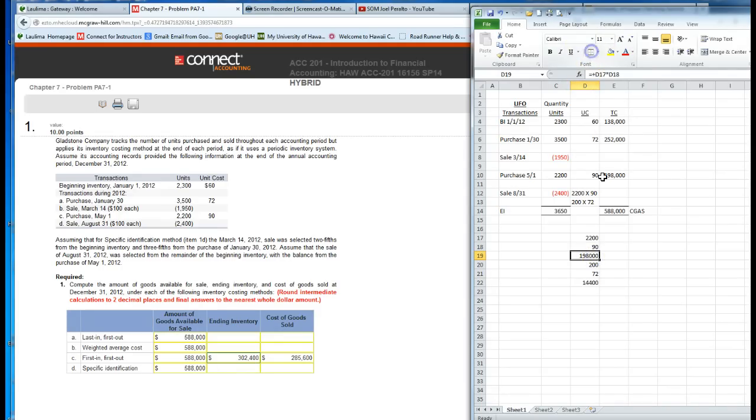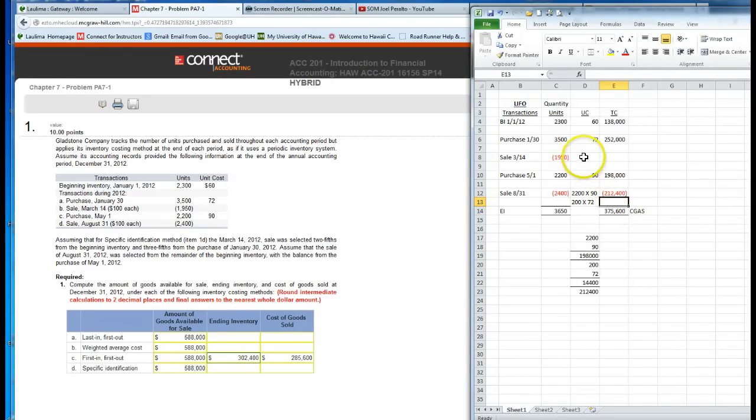And so we need to add these two together. So we would take the 198 and add the 14.4 to get a total of 212.4. And so the cost of that sale is $212,400.